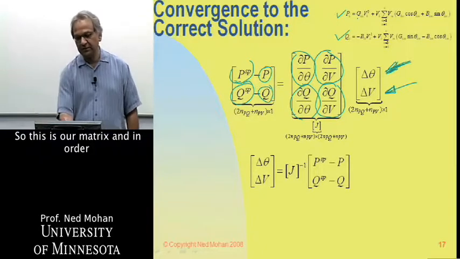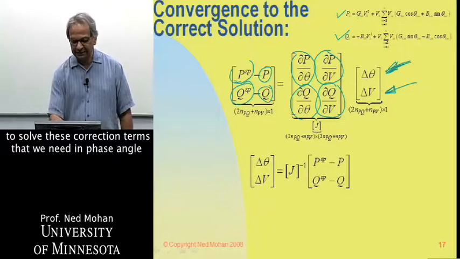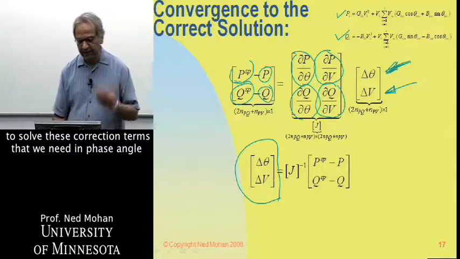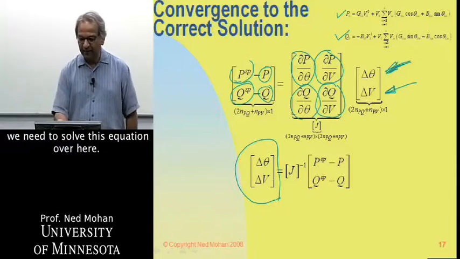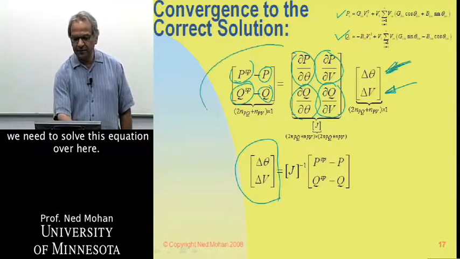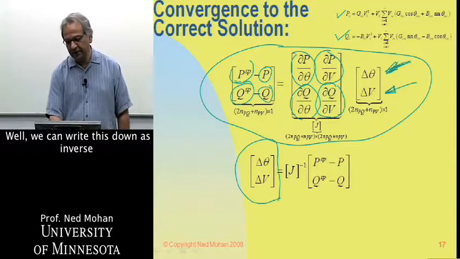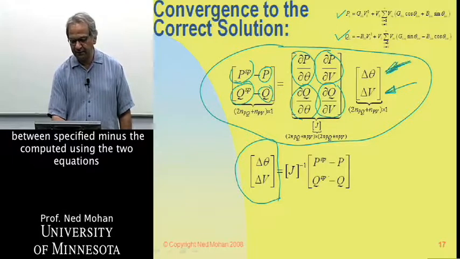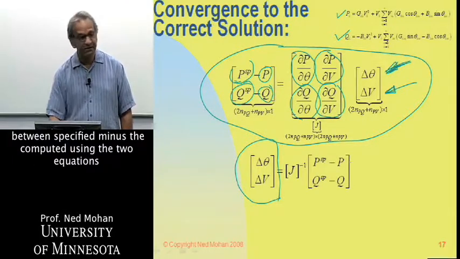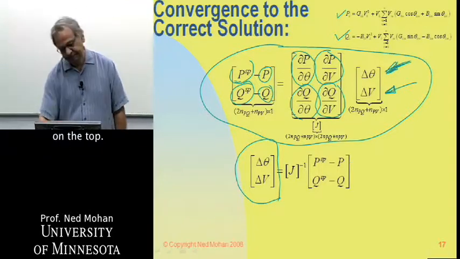Okay, so this is our matrix, and in order to solve for these correction terms that we need in phase angle and voltage magnitudes, these deltas, we need to solve this equation over here. Well, we can write this down as inverse of this Jacobian times the difference between specified minus the computed using the two equations on the top.